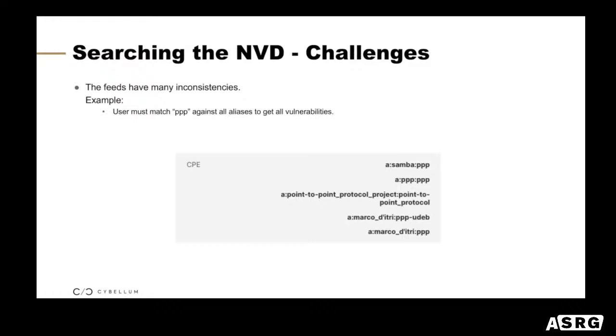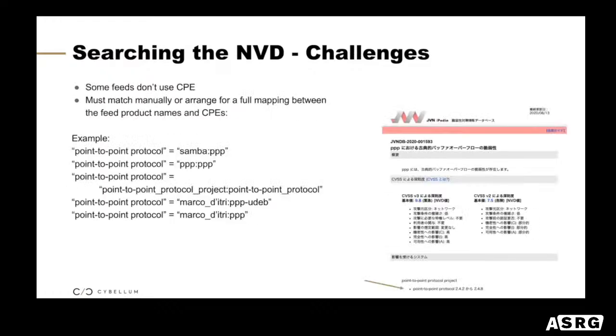So here is an example of many aliases that actually relate to the name PPP, and you have to match against all of them to identify whether those vulnerabilities make sense for the package at hand, the executable at hand. Another challenge is that some feeds don't use CPE. They have generic names.